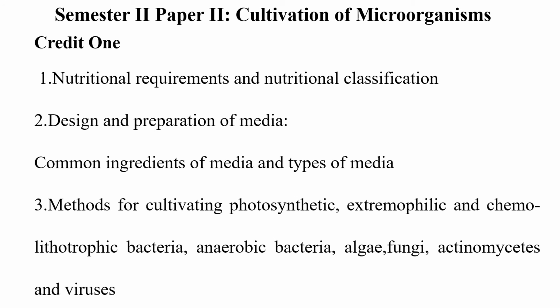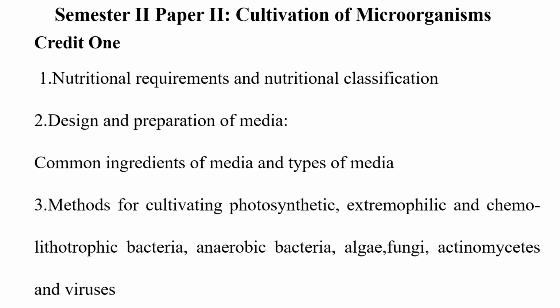Now, as we have discussed, there is a classification system depending on the carbon and energy source. In addition, different methods are also used for the cultivation of photosynthetic microorganisms, extremophilic microorganisms, chemolithotrophic bacteria, and anaerobic bacteria.